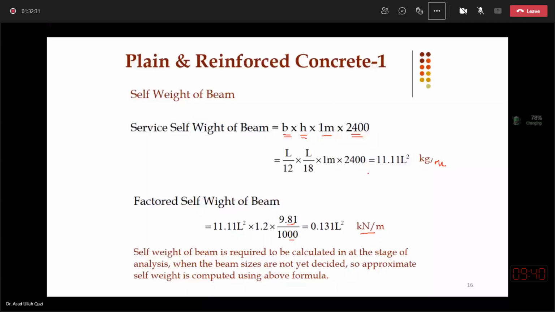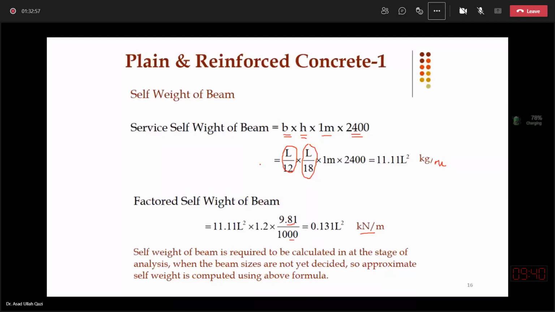So if you have already decided the width of the beam and the H of the beam, then no need to use these variables, you can say B and H. You can tentatively select B and H well before estimation of the self weight.